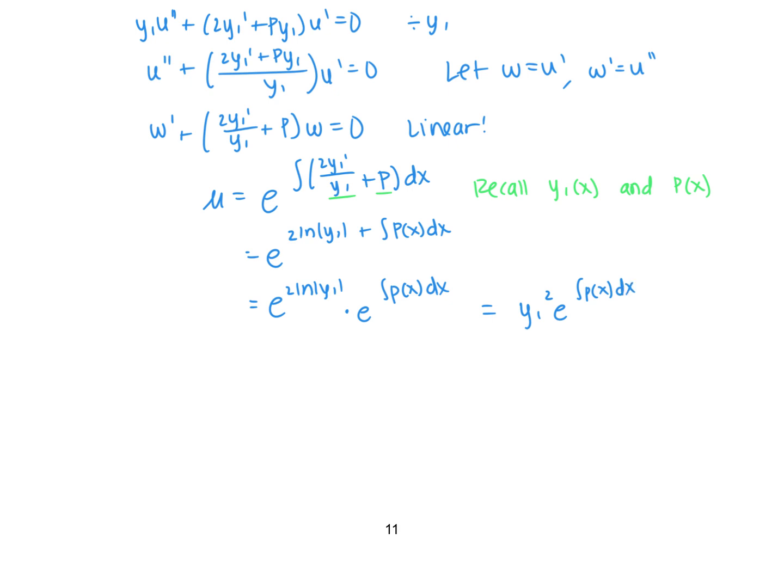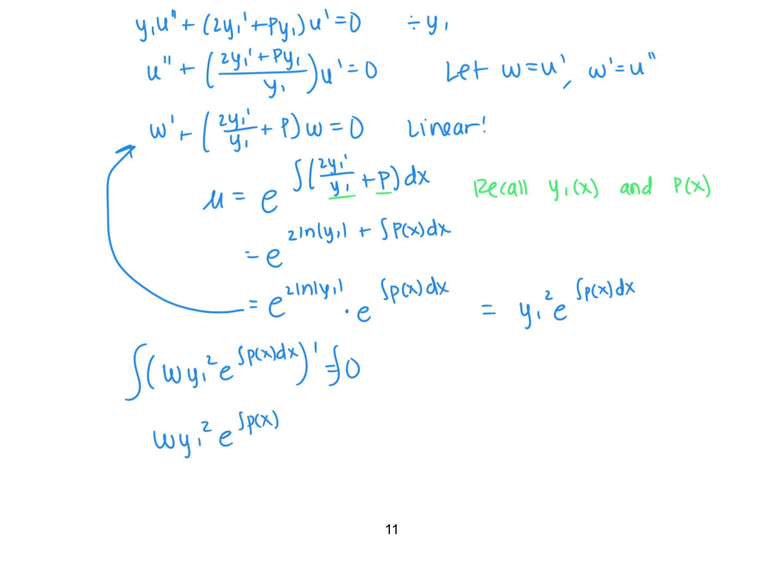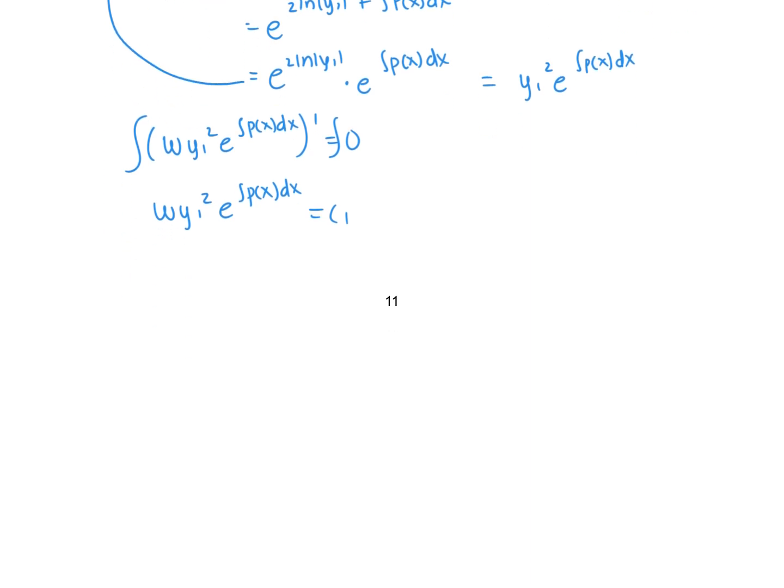Okay, so that integrating factor, we're now going to return back here. When we multiply by that integrating factor, we remember that the left side ends up being the derivative of the product of w and y1 squared e to the integral of p of x dx. Integrating, we get w times y1 squared e to the integral of p of x dx is equal to c1.